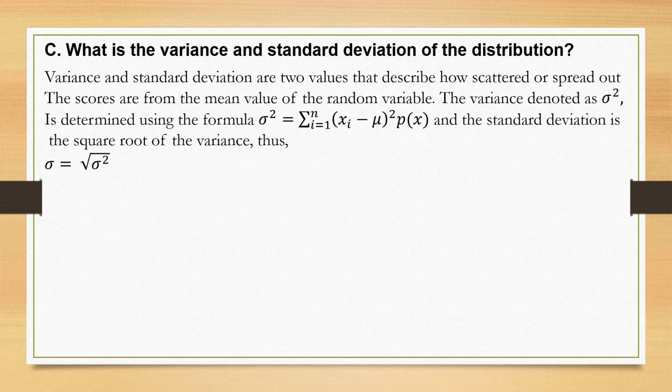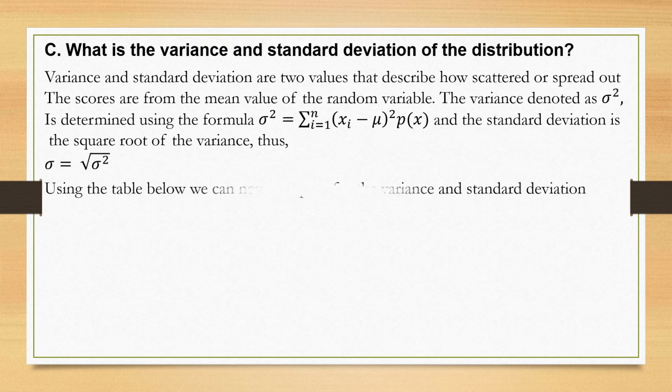So the variance, denoted as sigma squared, is determined using the formula: sigma squared, or population variance, is equal to the summation of x sub i, meaning the outcome, minus the mean to the power of 2, where i starts from 1 to n, multiplied by its corresponding probability. And the standard deviation is the square root of the variance. Thus, sigma is equal to square root of sigma squared.